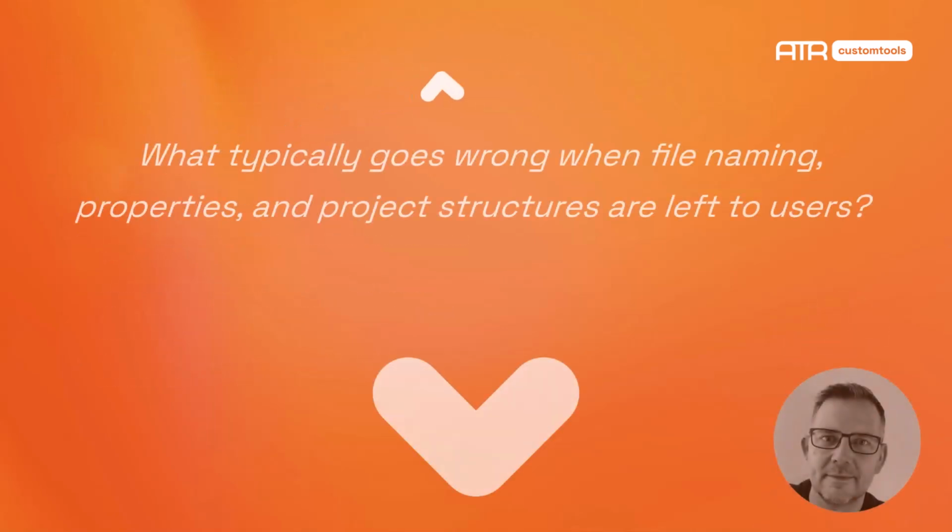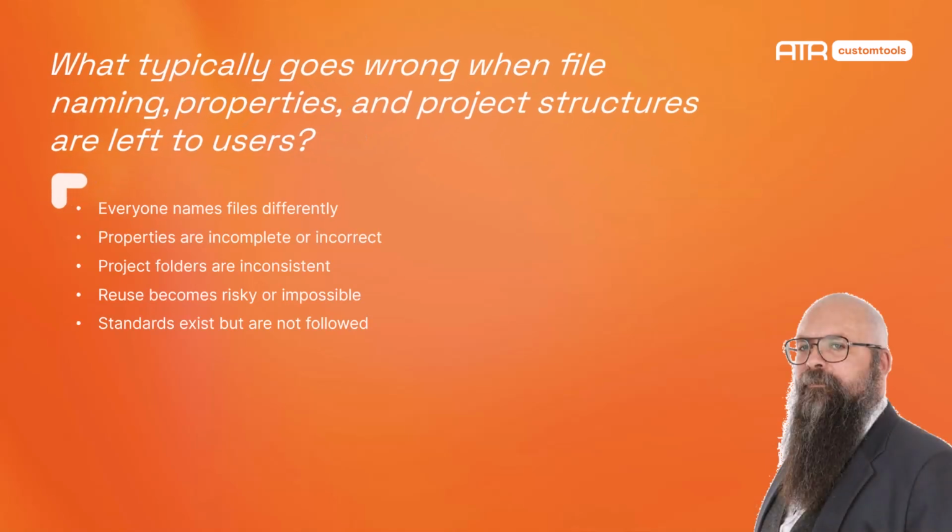Let's make that a bit more concrete. What typically goes wrong when file naming, file properties and project structure are left entirely up to users? So the short answer is everyone does it differently. File names follow personal habits instead of company rules. Properties might be partially filled out or filled out with slightly different wording.